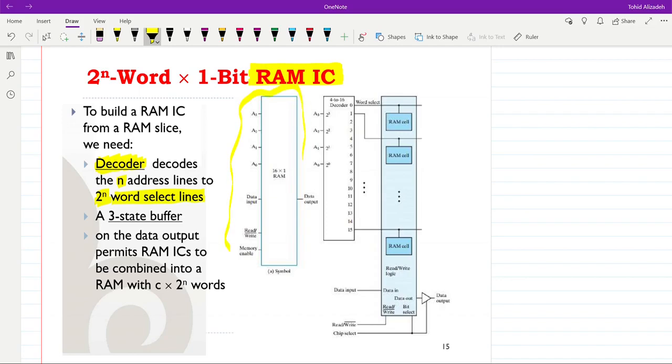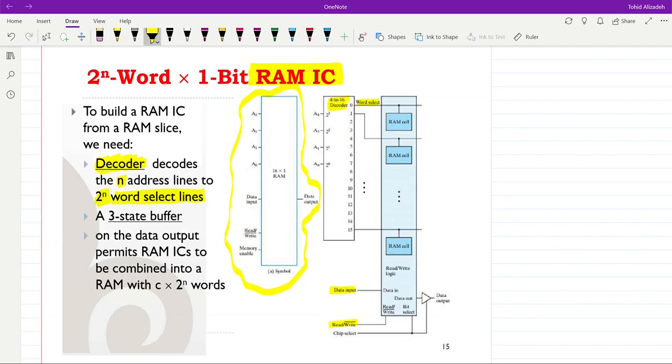We have the symbol of the RAM IC, and here on the right side we have the internal structure. We have the 4 to 16 line decoder. As an example, we have n equal to 4, and then the output of this decoder gives us the minterms, which are connected to the word select of the RAM bit slice. The data input is directly connected to the bit slice.